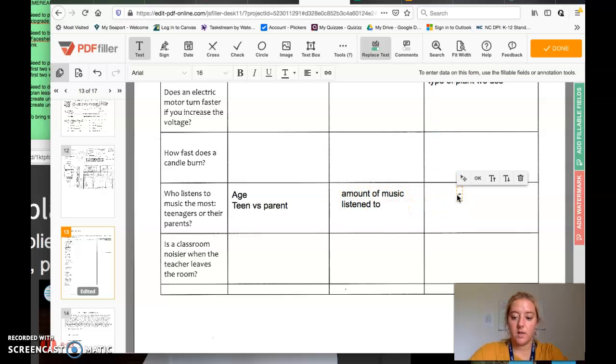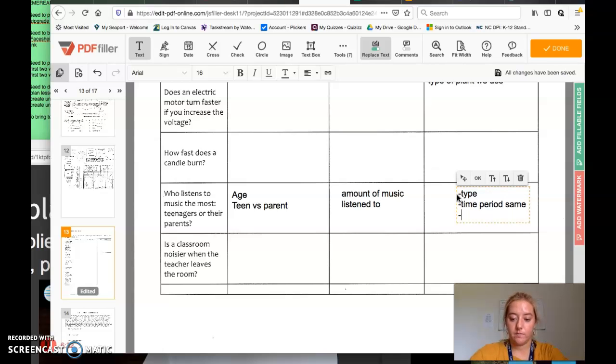And some things that we might want to keep the same are the type of music, right? If someone really likes country music, they're going to listen to a lot of it. But if we're only testing country music, we want to keep the music the same, right? The type of music, country music versus pop versus hip hop versus whatever kind of other music is out there. We want to keep the time period the same.